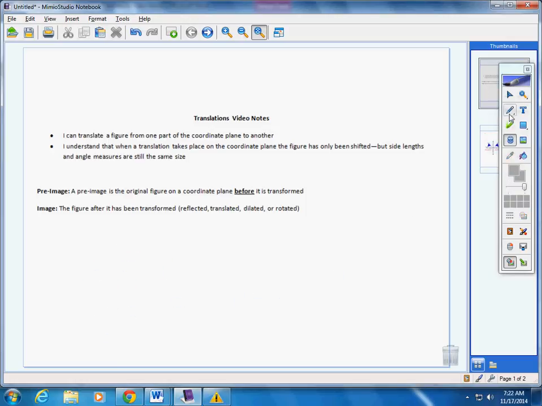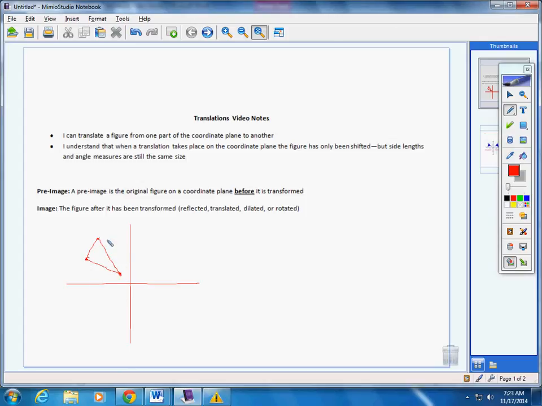The pre-image, oh, and I probably should have left that up there, but the pre-image is the original figure on the coordinate plane before it is transformed. So if this is the original figure that I'm starting with, or if I'm just given 3 points, which maybe I would end up graphing anyways, this is considered my pre-image.